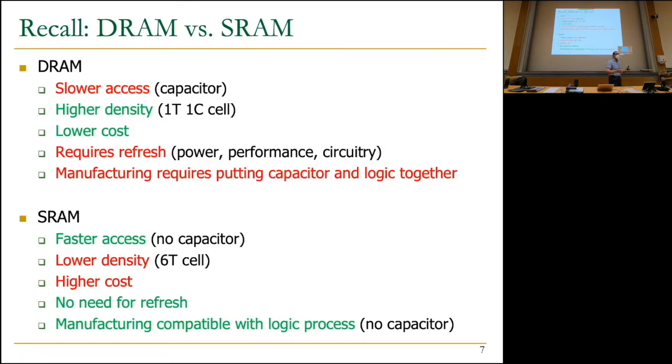So if you're wondering why we don't have DRAM on our processor chips, that's the reason, basically, because of manufacturing reasons. You could have it, except if you have a capacitor in a chip that's optimized for logic, that capacitor will be very large and very leaky. So it won't be like the DRAM chips that we know. So manufacturing is very important also, as you can see.